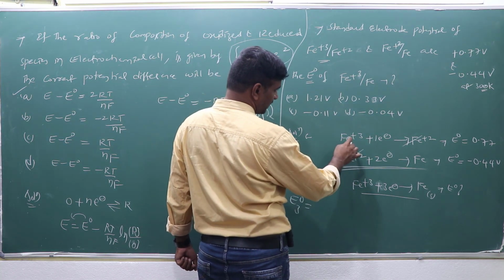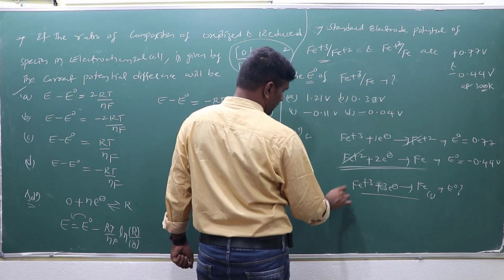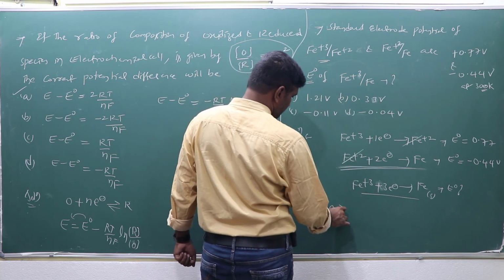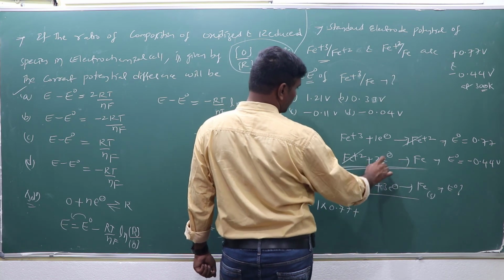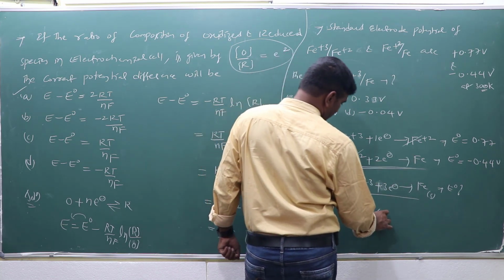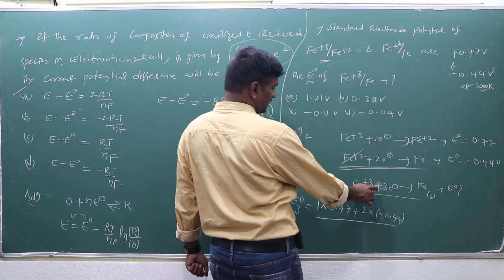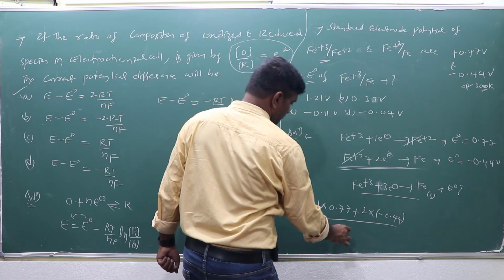N1 is 1 electron into E1 naught, 0.77, plus N2, 2 electrons, into E2 naught, minus 0.44, equals N3 into E3 naught. N3 is 3 electrons.